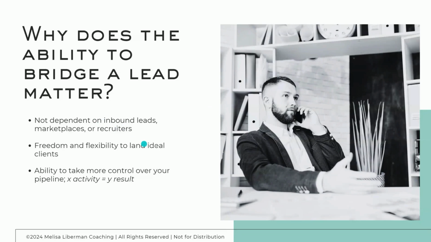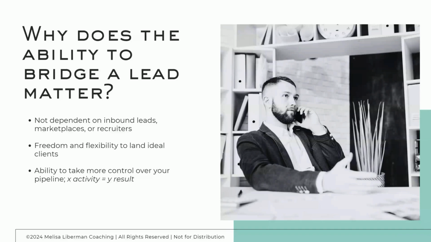When you're able to bridge a contact into a lead, you start to have the freedom and the flexibility to land your ideal clients. You're able to take more control over your pipeline. For example, you might get to the spot where you know that having 5 conversations a week creates 1 lead for you, and then 1 out of every 2 leads creates a client.